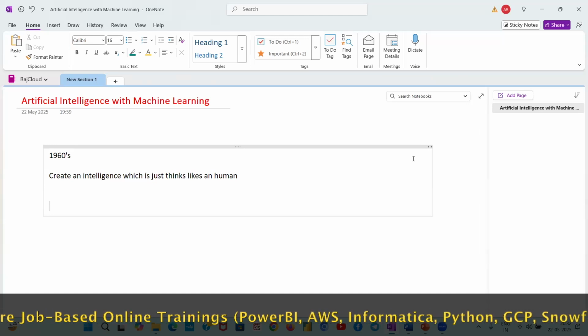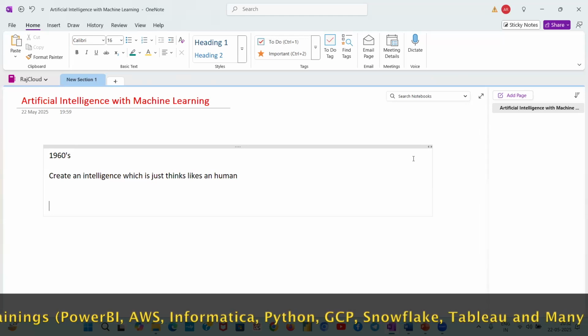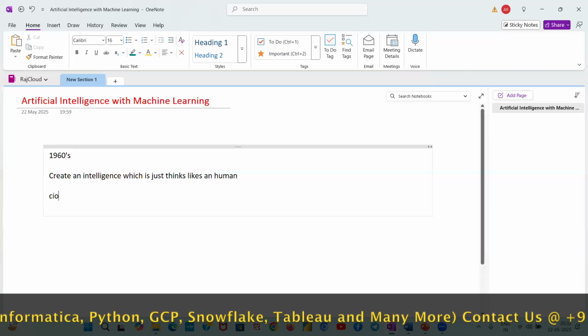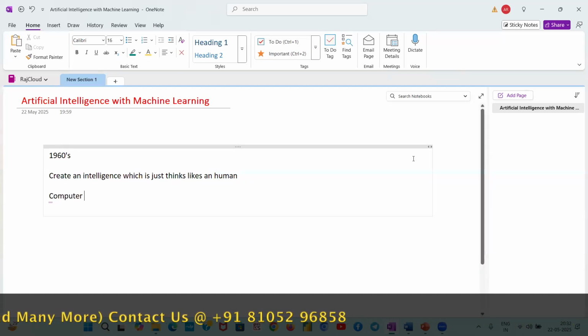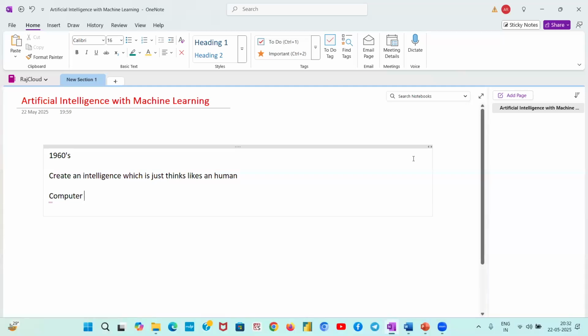So that thought was initiated in the 60s, and what started first? Preparing a computer, creating a computer. To make our analysis and calculations a bit faster, to make our computer understand our needs, they started some languages, because communication is required between me and my computer.